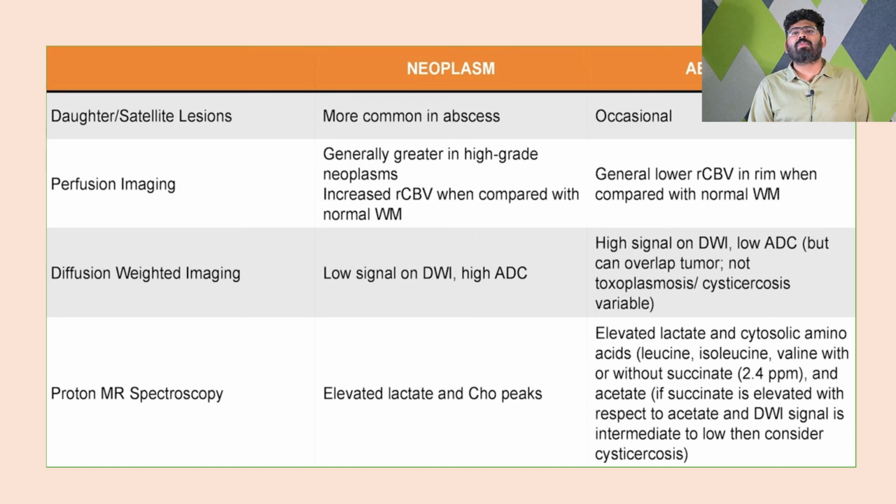In abscess, there is elevated lactate and amino acids like leucine, isoleucine, valine, without a succinate peak; mostly it's an abscess. If a succinate peak is there, and you have to repeat the acetate, and diffusion restriction is intermediate to low, consider it as a cystic lesion. I have read in an article that in the cystic one there is usually an amino acid peak and lactate peak. Thank you.